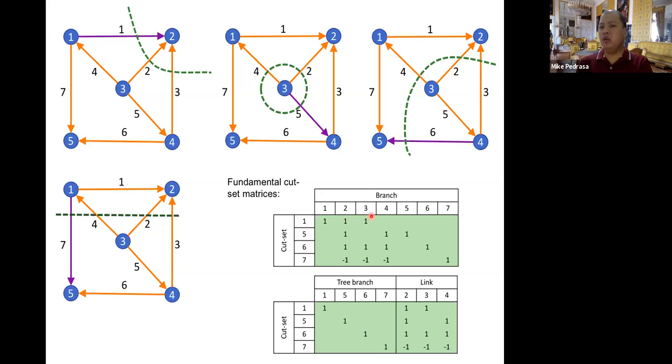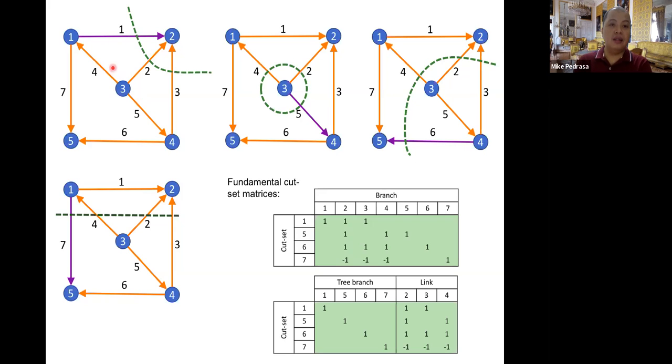So how would we know if we will assign a positive 1 or a negative 1? Well, branch number 1 is pointing that way, from this subgraph to that subgraph. And we can see that the other two branches, branches 2 and 3, are pointing in the same direction. They're crossing from one subgraph to the next in the same direction, from left to right.